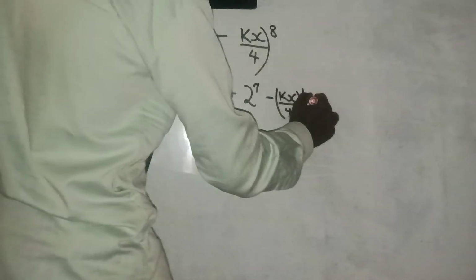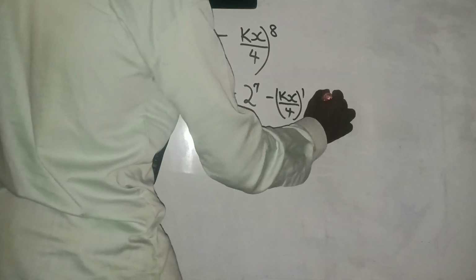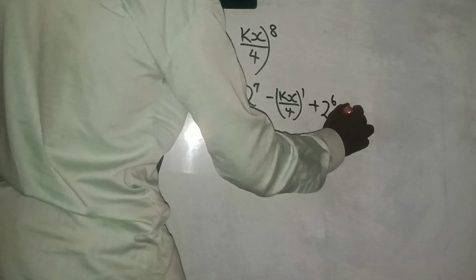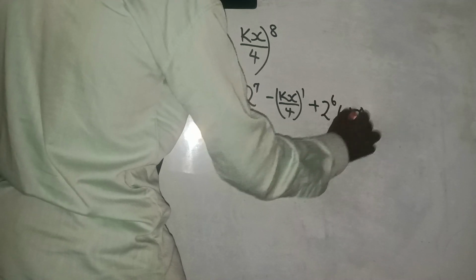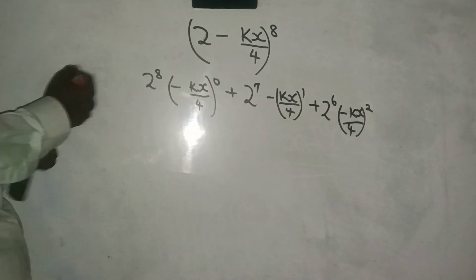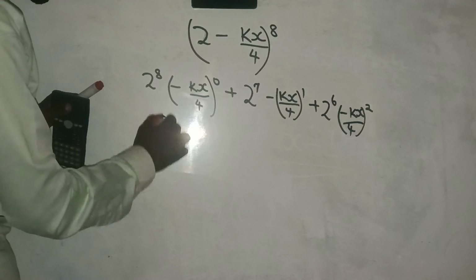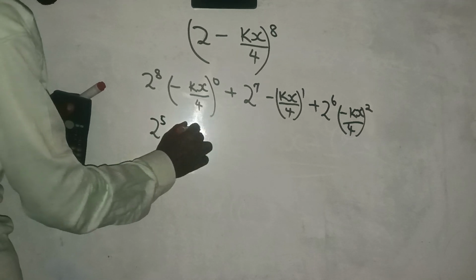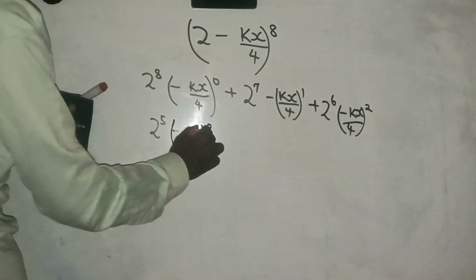Then we shall have plus 2 raised to 6, then less kx over 4, and this is raised to 2. Okay, and the last part is 2 raised to 5, then less kx raised to 3, but over 4.